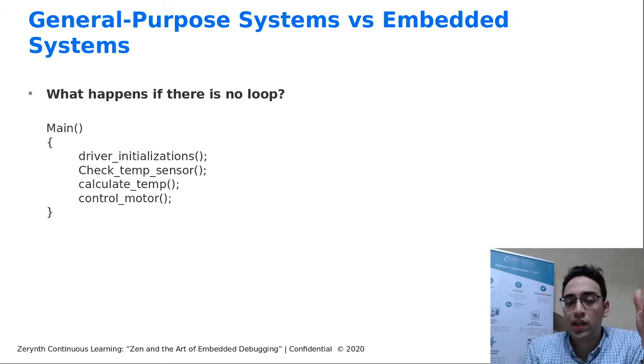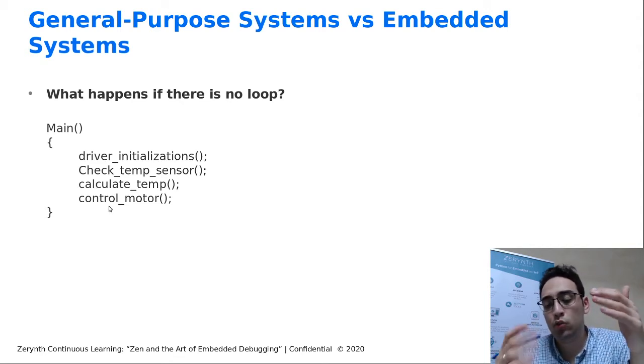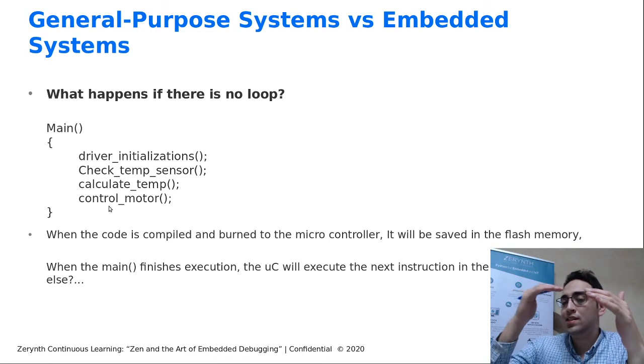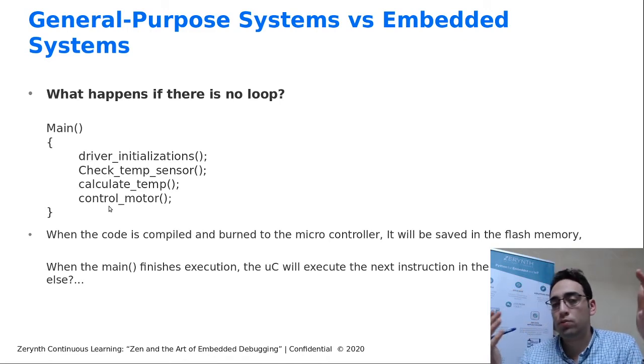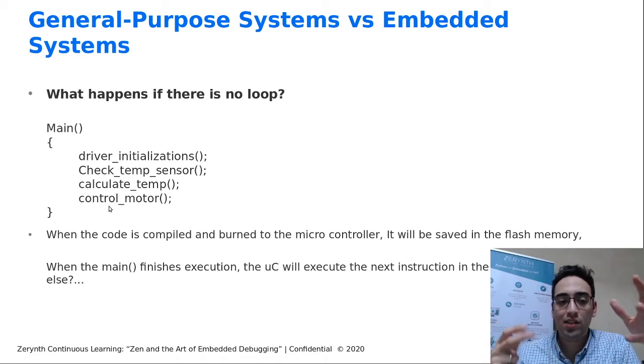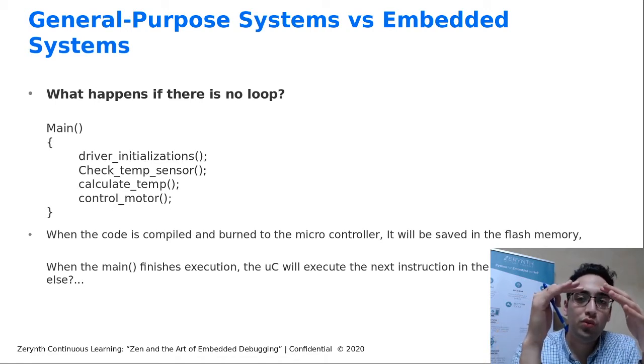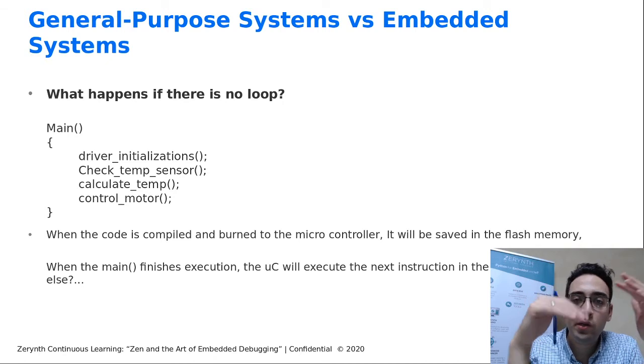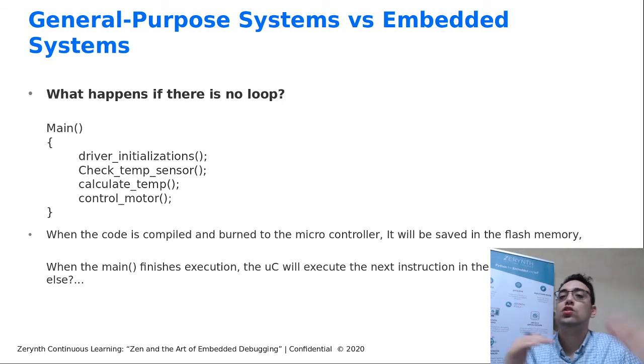And then it will start to execute. It will execute this line of code and then this, and then calculating the temperature and then controlling the motor. And then it will execute whatever is next in the memory. And that's the problem. If we don't have an infinite loop, essentially, we are just going to continue execution of whatever is written in the next instruction or in the next memory location.